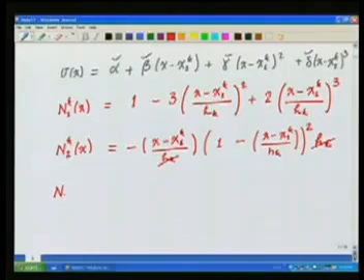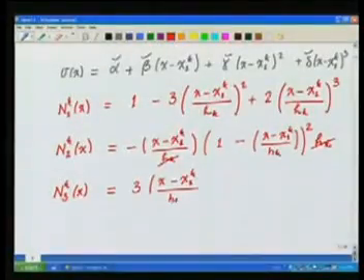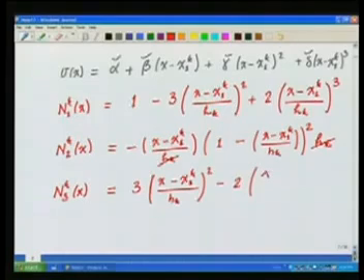N3k of x becomes 3 into x minus x1k by hk whole squared minus 2 x minus x1k by hk whole cubed.